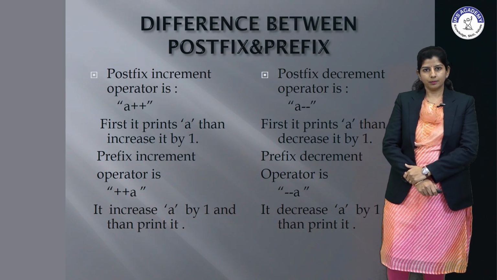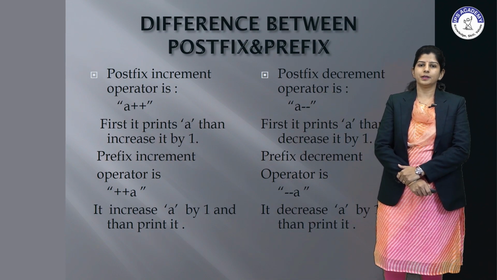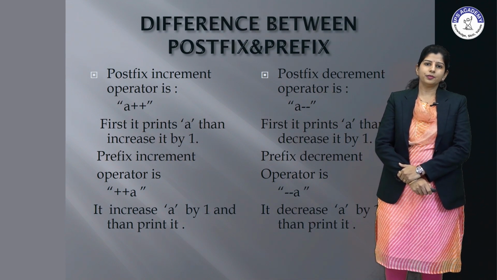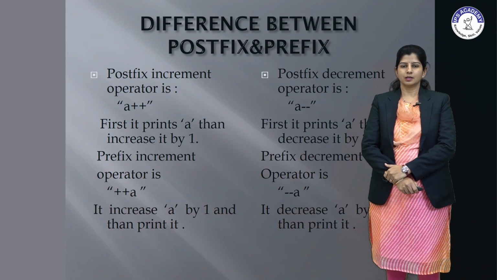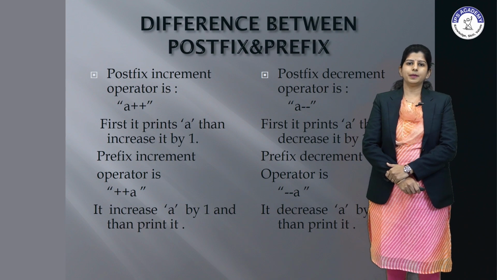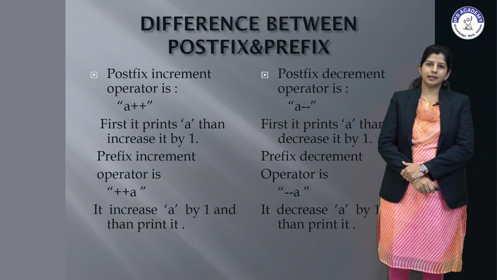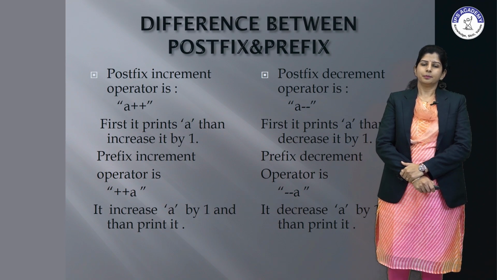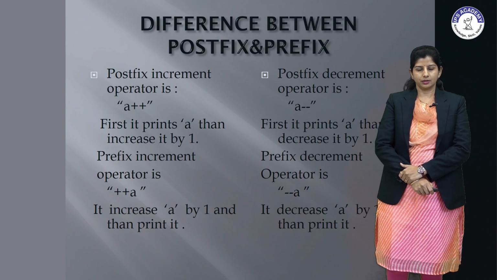Basically, unary operators are again classified into the postfix and prefix operators. We can know from the name: post means after and pre means before. The postfix operator first prints the value and then adds to it.